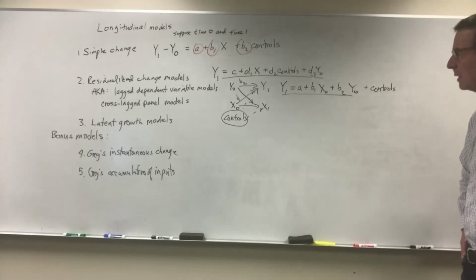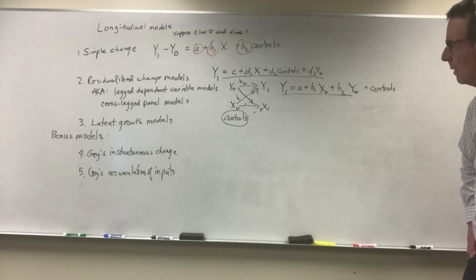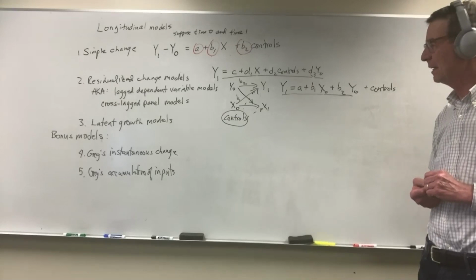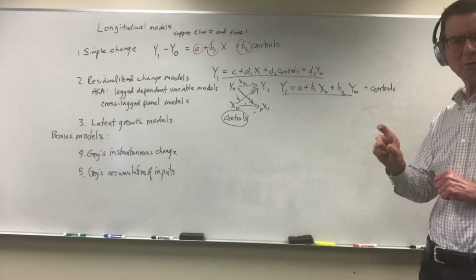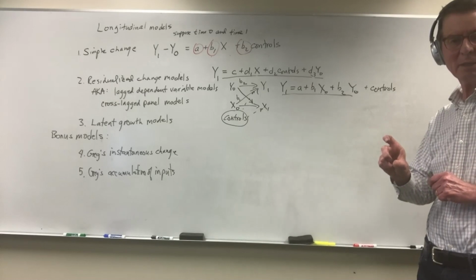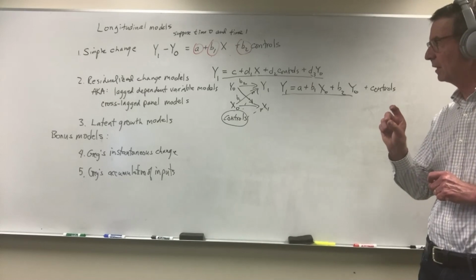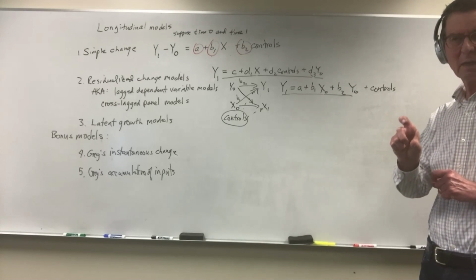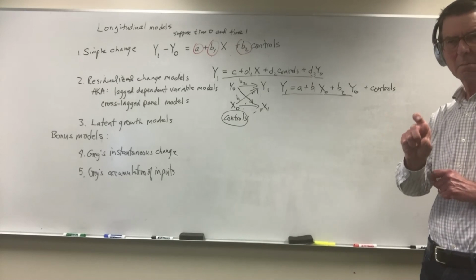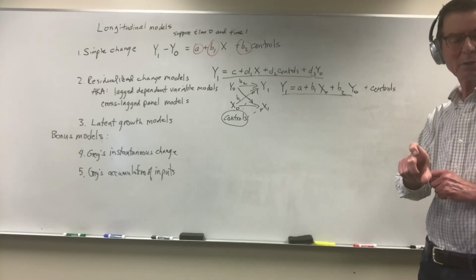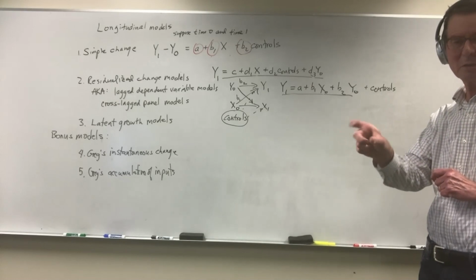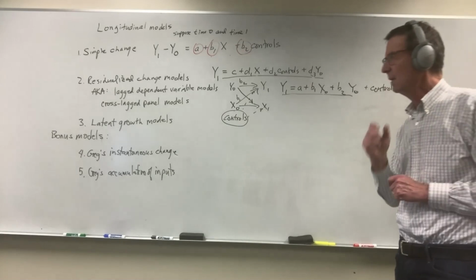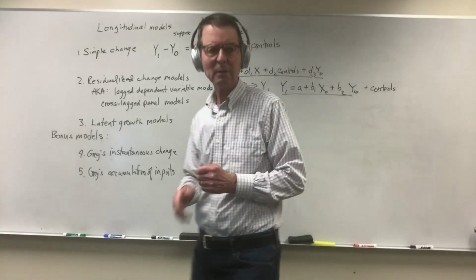Well, think about Currie and Walker with correctly interpreted coefficients. That had a temporal component. It was change before and after E-ZPass came in, right? But then it also had a contemporaneous component because you were comparing births to mothers who lived within 2 kilometers and then to mothers who lived between 2 kilometers and either 5 or 10, right, depending on the model. So it mixed those things together.